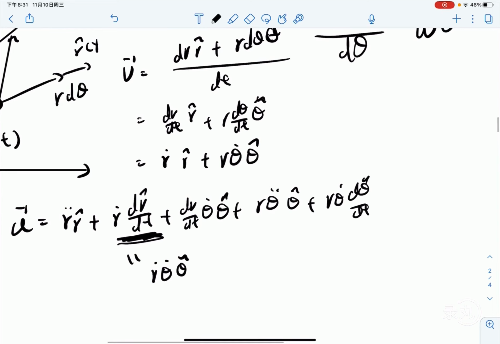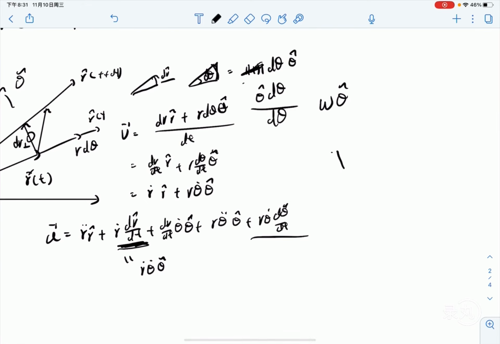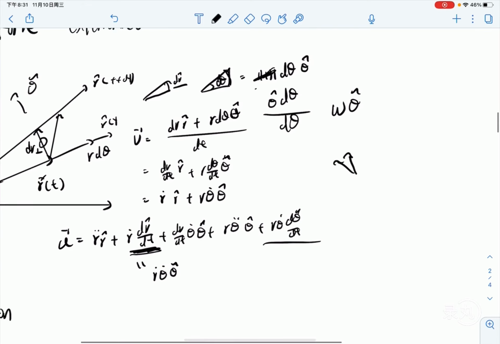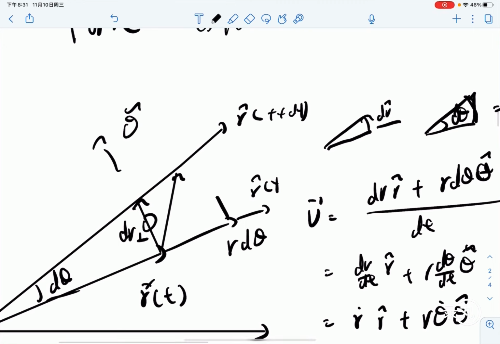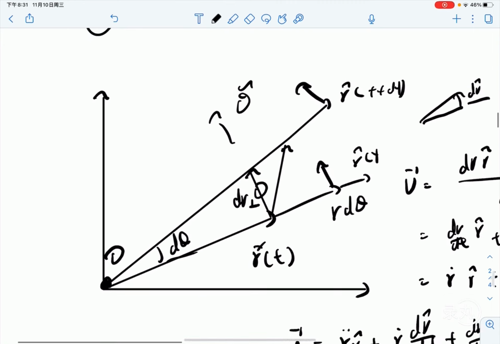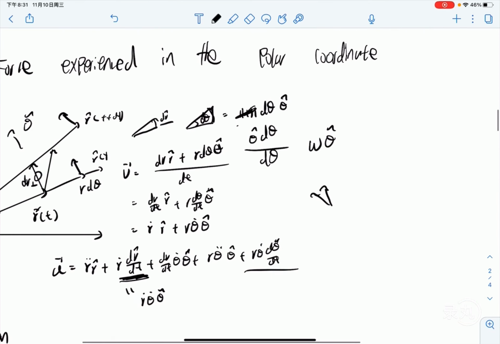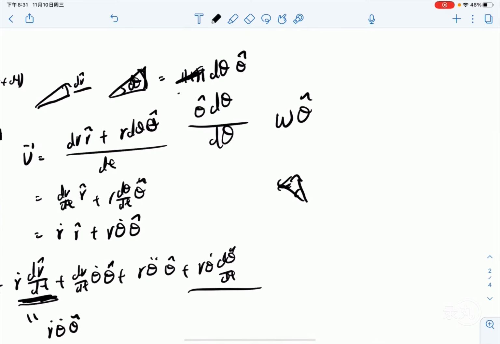And for this term, it's very similar. If we put it in a triangle, we can see that the direction of the change is pointing to the O. So it is basically the reverse of the R direction. Similarly, we can see the magnitude is d theta times 1.